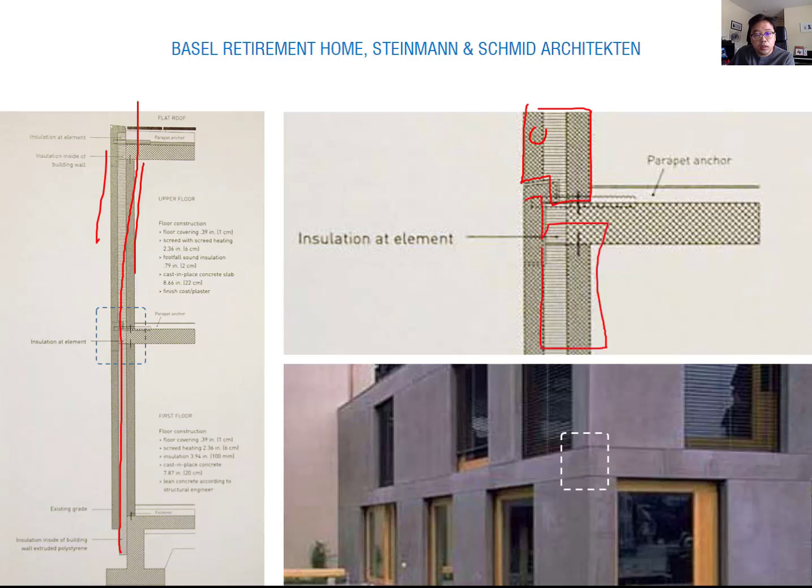When you see this joint detail, they intentionally make a slope, a 2% slope. Why do they make this 2% slope between the top cladding and bottom cladding? Because they have to consider water penetration and moisture penetration.